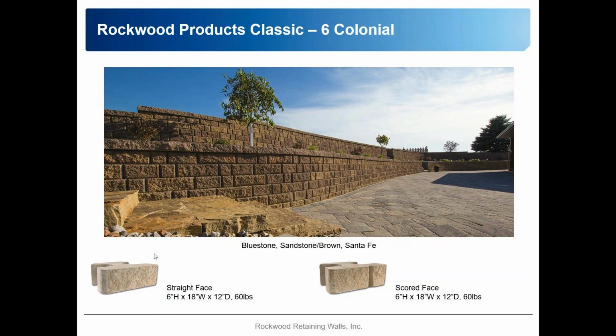It's broken up, and it looks like there are many small pieces within the overall appearance. When it's done in these blended colors, it really pops and gives it a high-end look. From a manufacturing perspective, it's not difficult to produce, and from a contractor perspective, it's very easy to install.